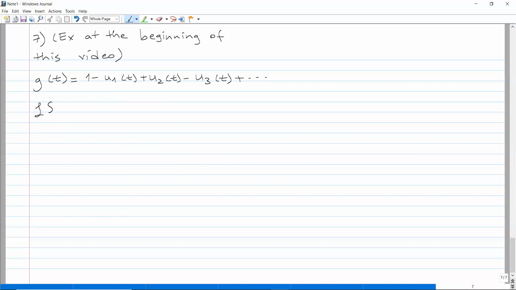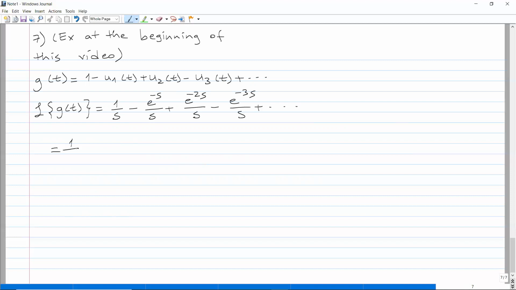So if you take the Laplace transform, this is simple. Laplace transform of 1 is 1 over s. Laplace transform of u1, e to the minus s over s. Laplace transform of u2, e to the minus 2s over s, minus e to the minus 3s over s. So all the denominators are s.